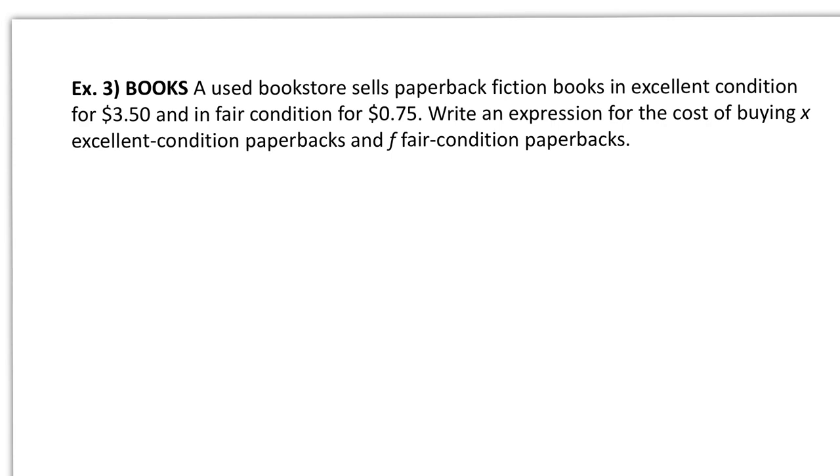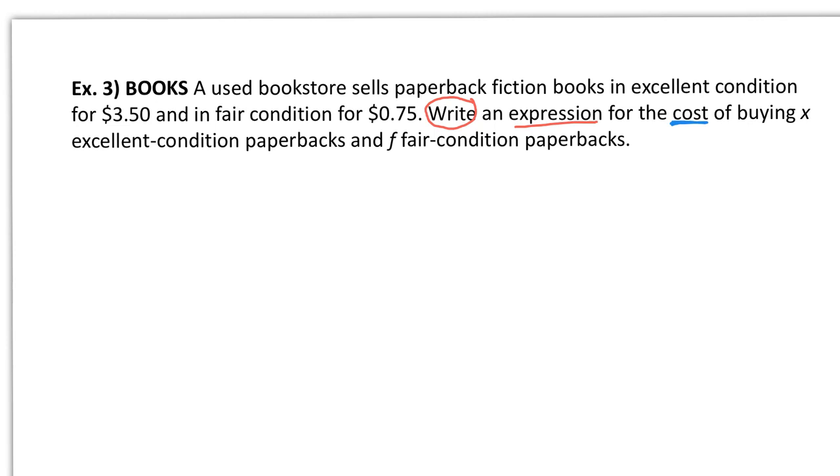So one more time, let's go ahead and understand the problem. It says here that you are going to write an expression. So we are looking for that expression that represents this question. And it says we want to write the expression for the cost. So we want to know how much we have to pay when we buy those books.